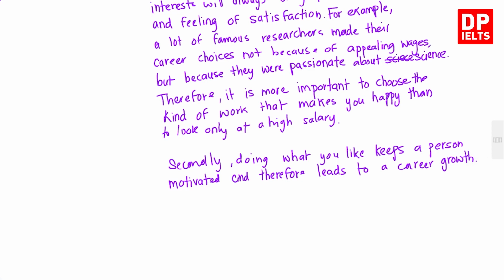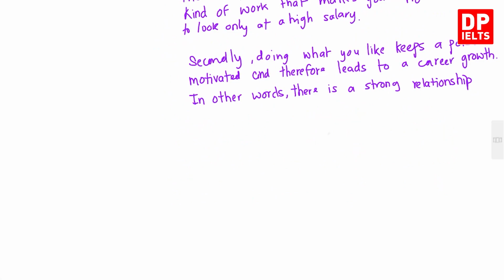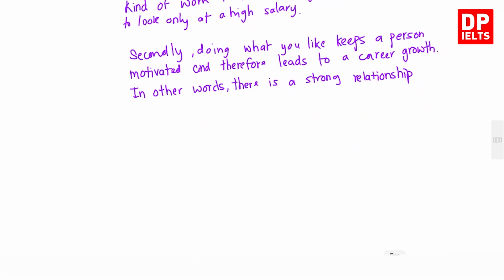In other words, there is a strong relationship between job satisfaction and productivity.